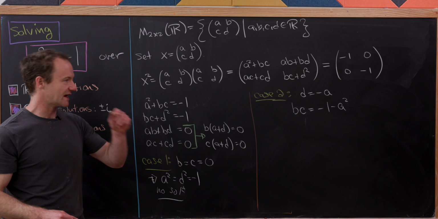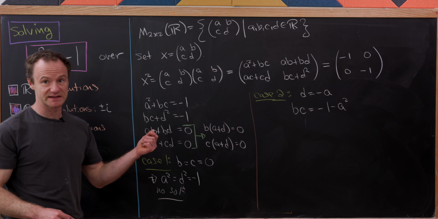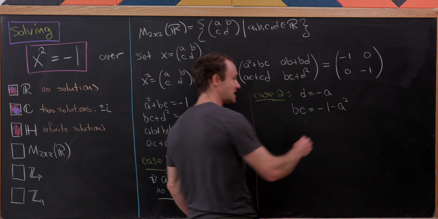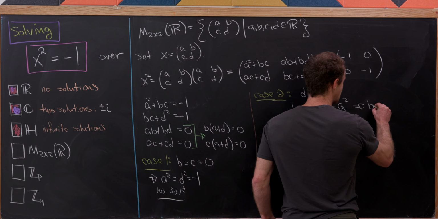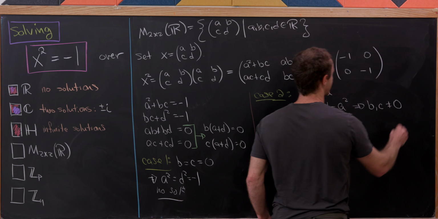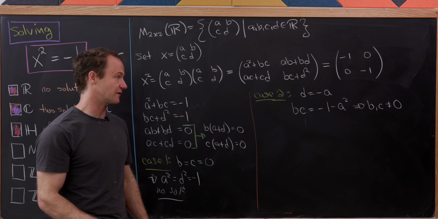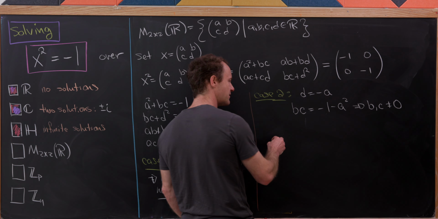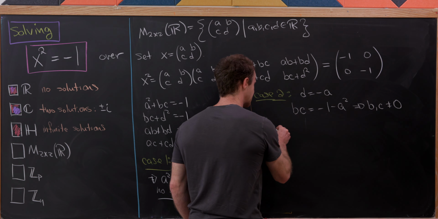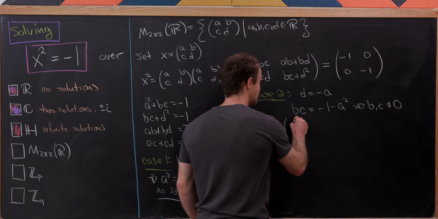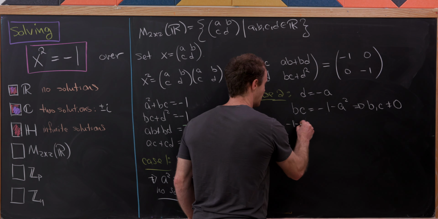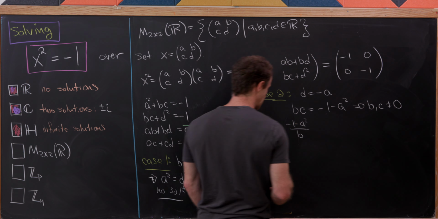So since that right-hand side is non-zero, that means the left-hand side is non-zero, which means that B and C are both non-zero. But that's good news. That means we can divide by either of them we would like to. Let's maybe divide by B, and that'll give us an expression for C as (-1 minus A squared) over B.